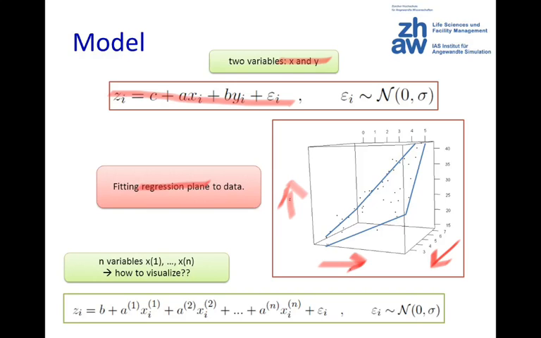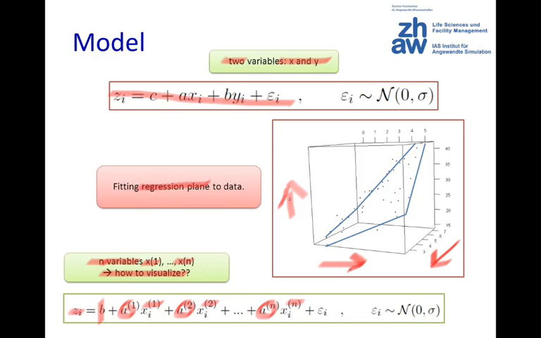Now we can even generalize that. Let's take more than just two variables. Let's take n variables, name them x1 to xn, it's easier than x, y, and so on. Now of course we cannot visualize this anymore, so this is something a little more abstract, and also the model looks a little more abstract. So we explain our variable zi through some kind of offset, which we call b, and then for each x1, 2 till n, we have a corresponding slope parameter that is fitted in the regression model.